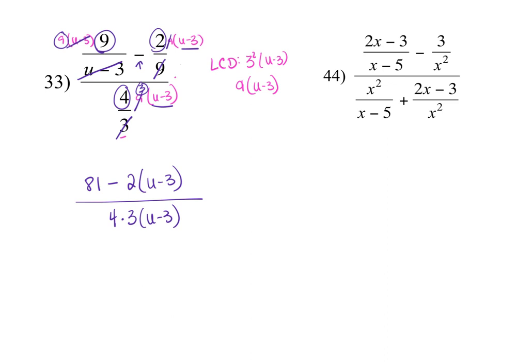So in the top, 81 I can't touch right now. I'm going to distribute a negative 2: negative 2 times u, negative 2 times negative 3. In the denominator, I'm going to distribute a 12, right? 4 times 3, so 12 times u, 12 times negative 3.